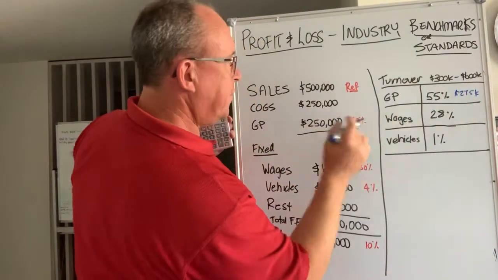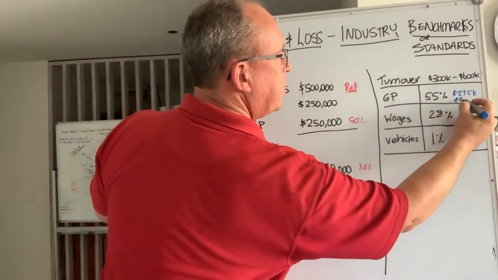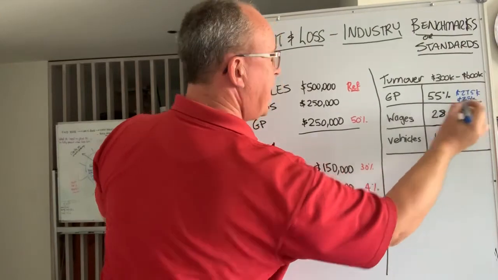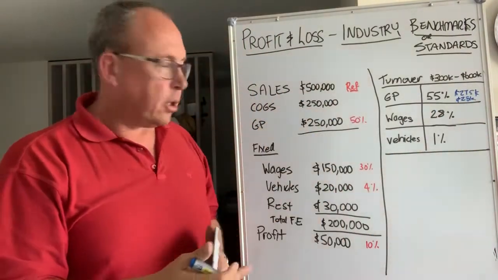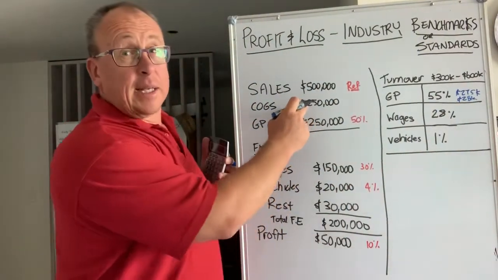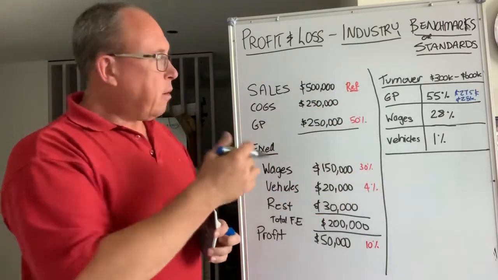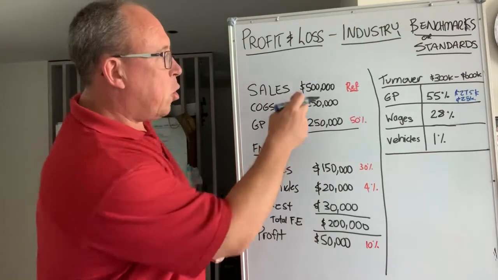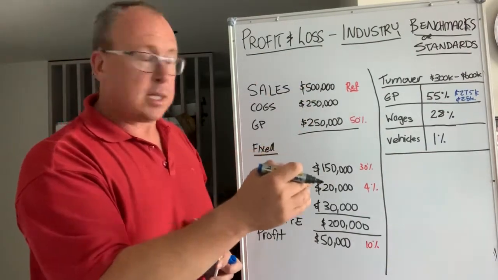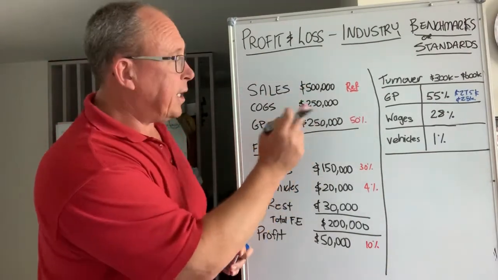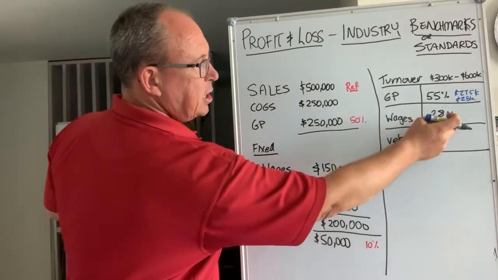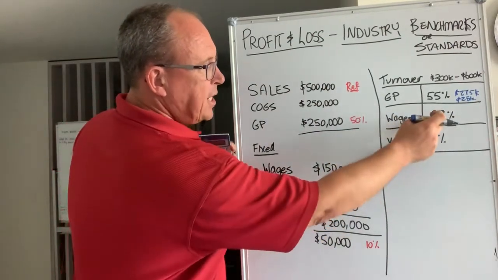So that's a difference of 25,000 that we're missing out on. So probably what that would indicate to me is that somewhere, our cost of goods we are paying too much, or we are not punching out enough sales to get the margin or the GP that we need.